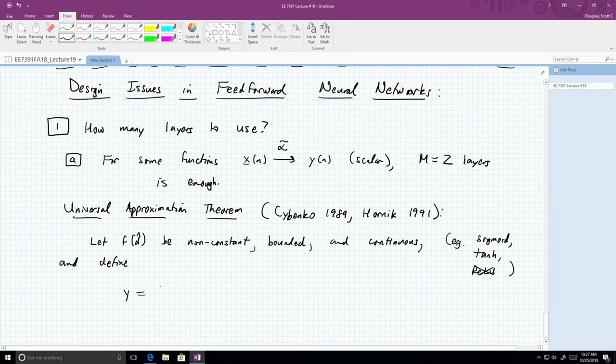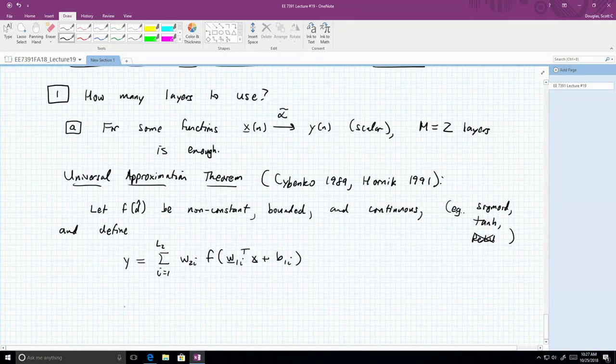Y is equal to the sum, in this case from i equals 1 to L2, of W2i times f, there's my function, of W1i transpose x plus B1i, which I could write as y equal to W2 transpose, which is a vector, times f of W1, which is a matrix, times x plus B1, which is a vector, right?